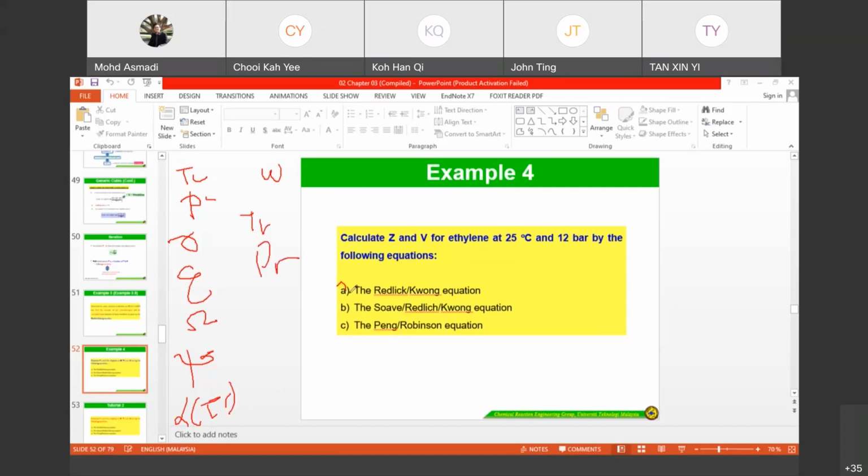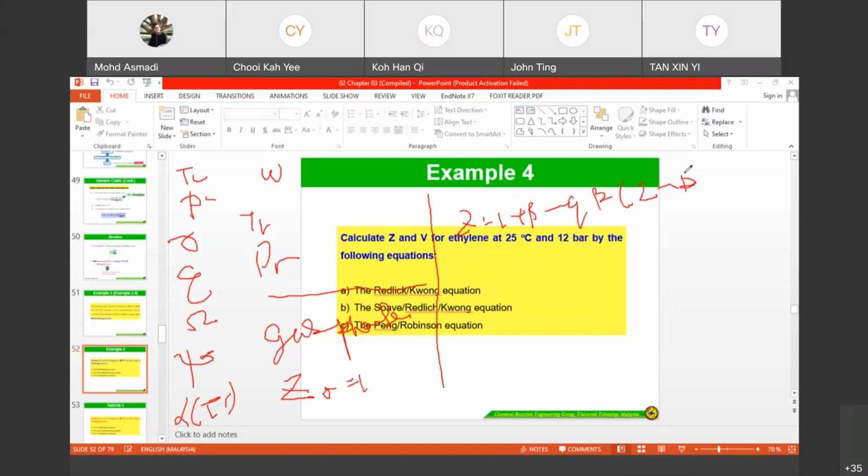So here, I just focus on Redlich-Kwong, and then you have to calculate Z. Since last time you determined this is the gas phase, Z naught is equal to 0, and then you have to calculate Z using Z equal to 1 plus beta minus q beta, Z minus beta, divided by Z plus epsilon beta, Z plus sigma beta.